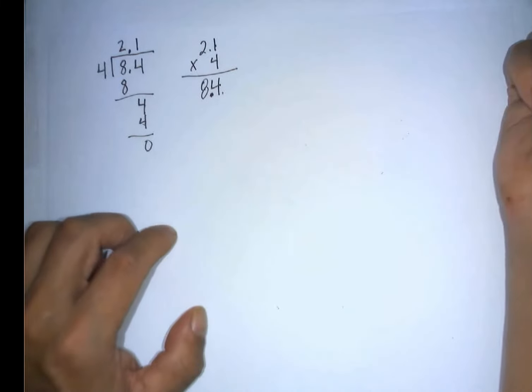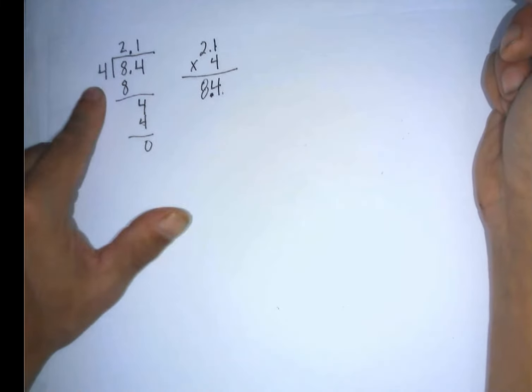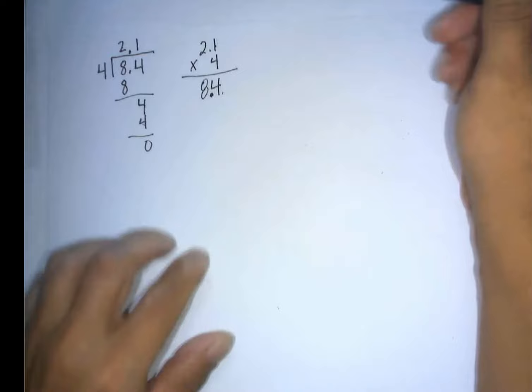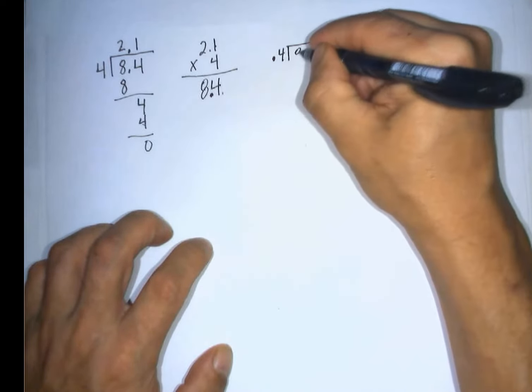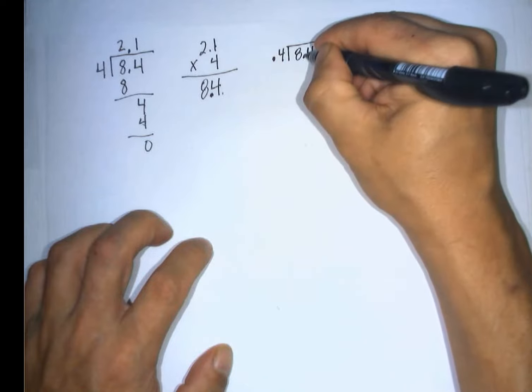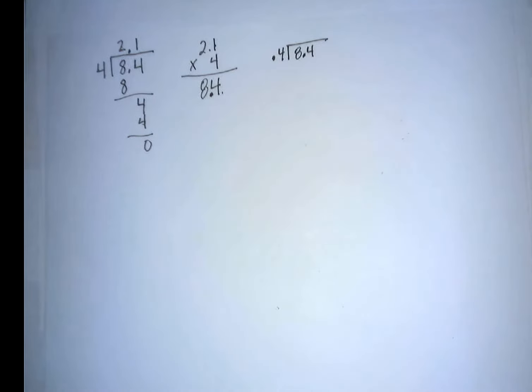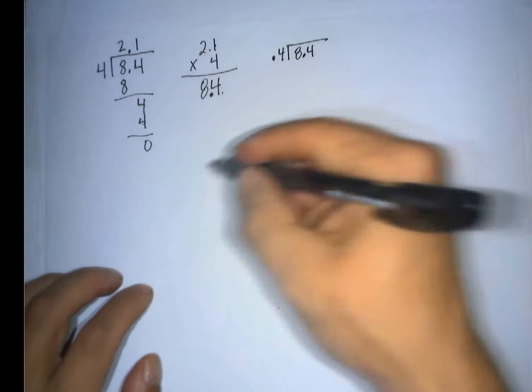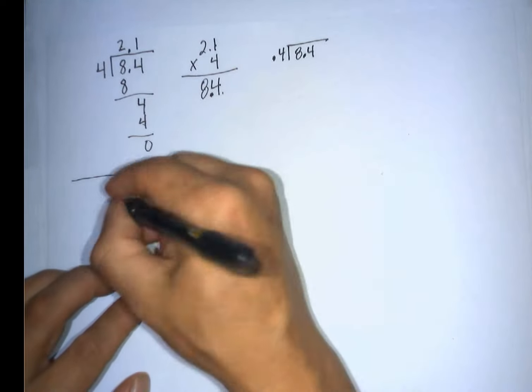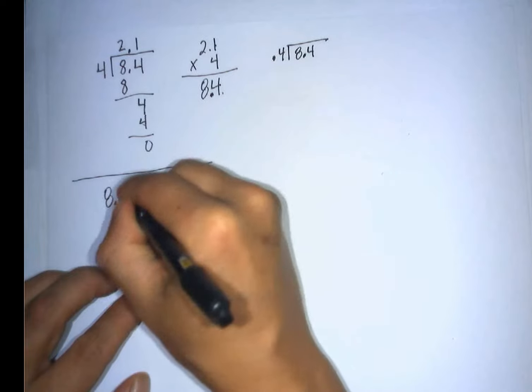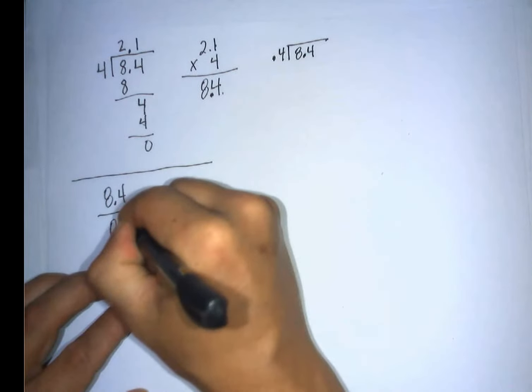Okay, so what happens if there's a decimal here? Now, let's just say we had 8.4 divided by 0.4. Now, the kicker here is you're going to have to change this fraction, and I'm going to do it over here. This is a fraction, actually. You can write it like 8.4 divided by 0.4.